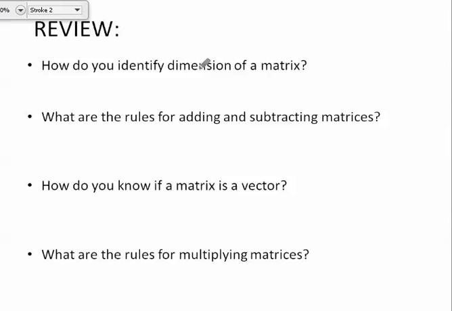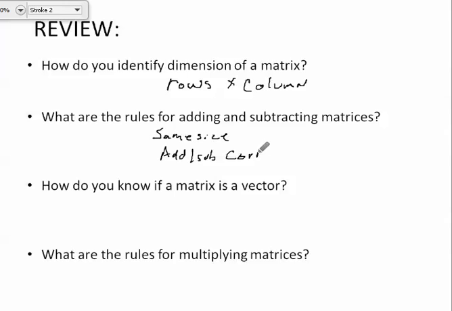So just as a little bit of a review, how do you identify the dimensions of a matrix? It's rows by columns. What are the rules for adding and subtracting? Same size, add/subtract corresponding numbers.